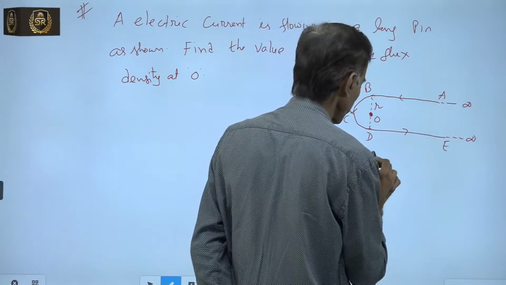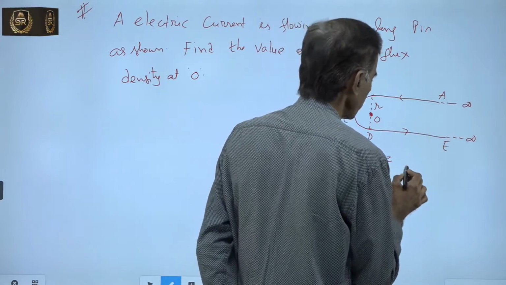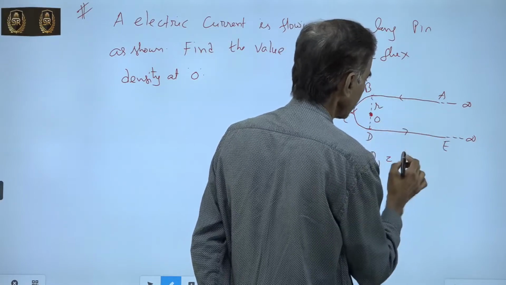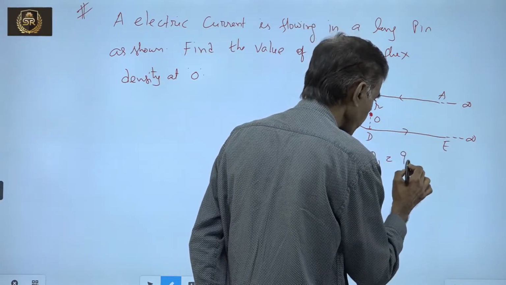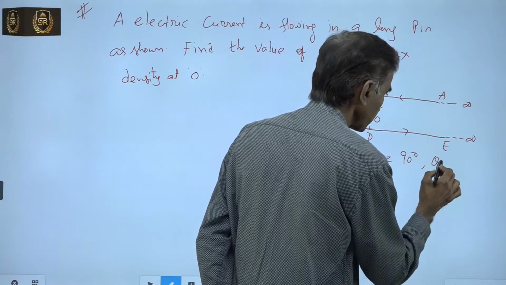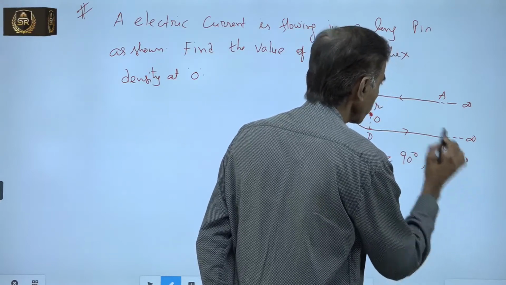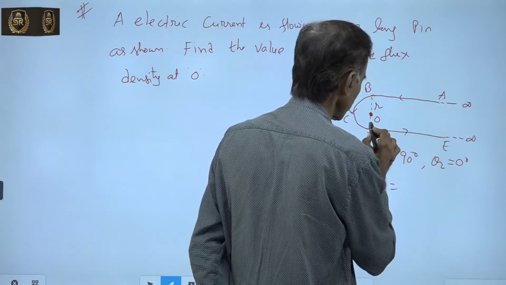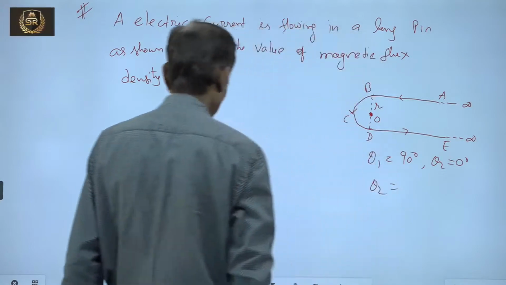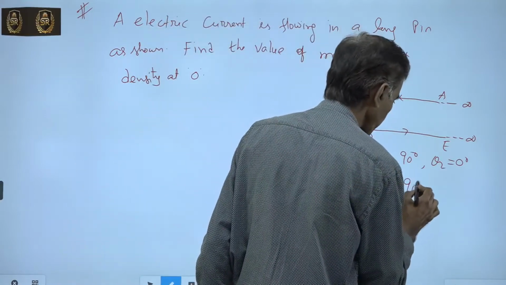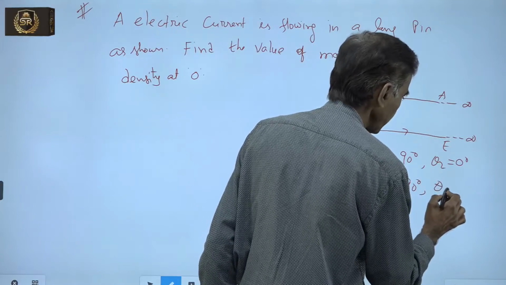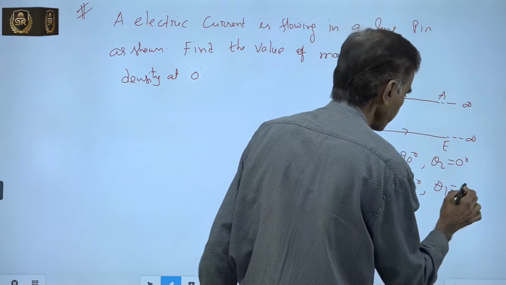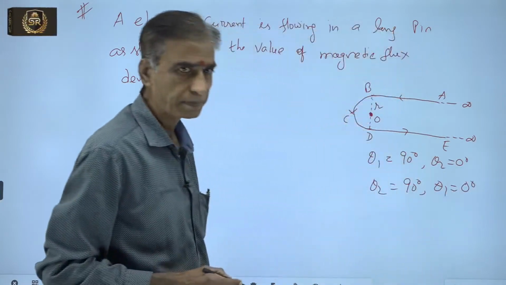For this wire theta 1 is 90 and theta 2 is 0. For this wire theta 1 is 0 and theta 2 is 90. The values remain the same, but this wire goes to infinity on this side and this one comes from infinity, therefore that will be 0.